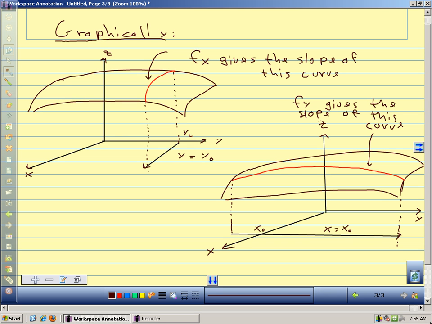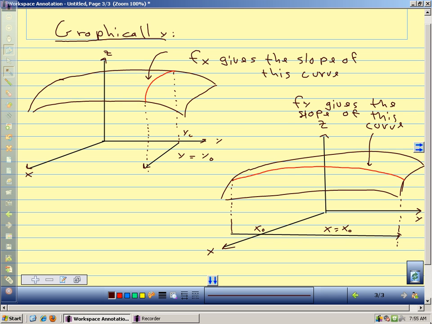So you want to figure out, you're holding x constant. x is constant at -1.